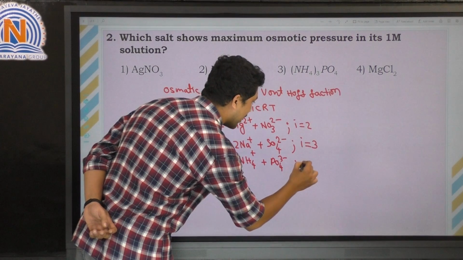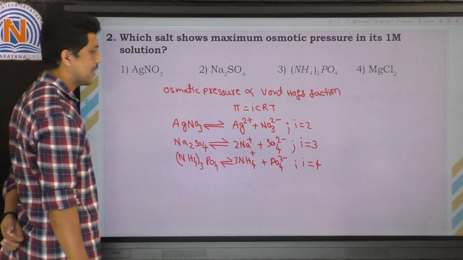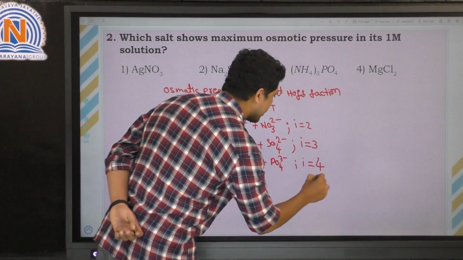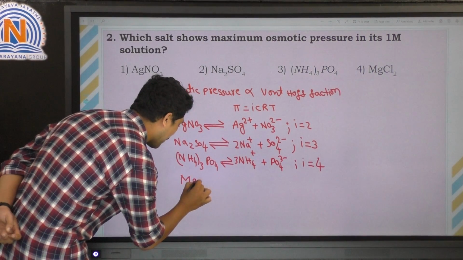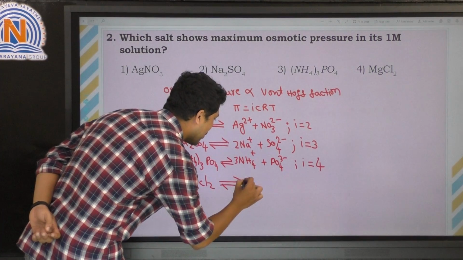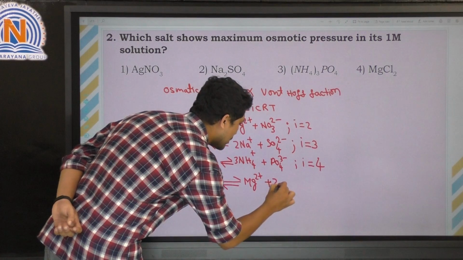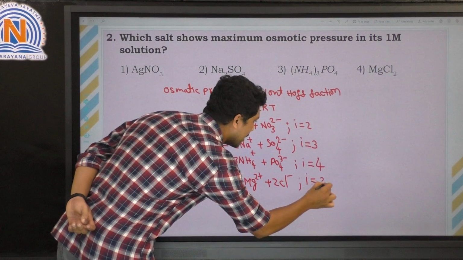So the van't Hoff factor for this molecule is 4. And the last molecule is MgCl2. That can be dissociated into Mg2 plus and 2Cl minus. The van't Hoff factor for this molecule is 3.